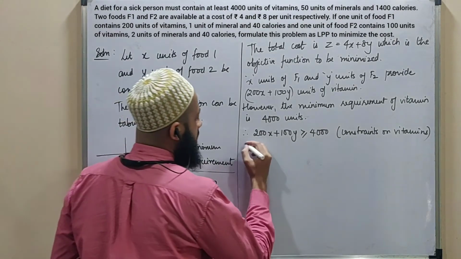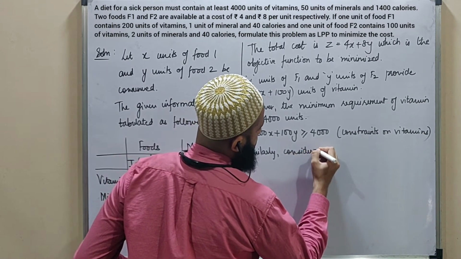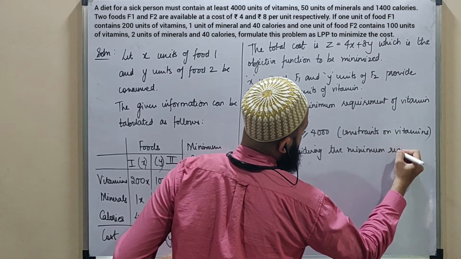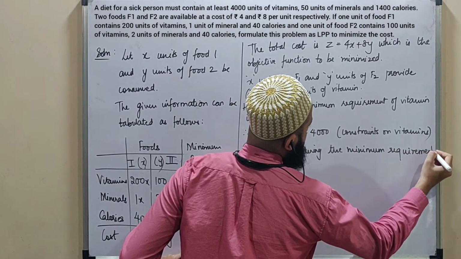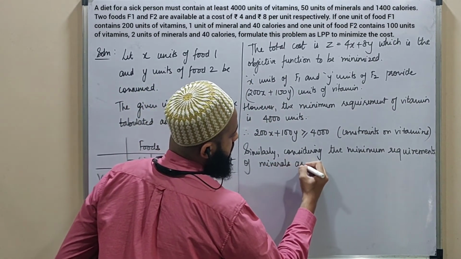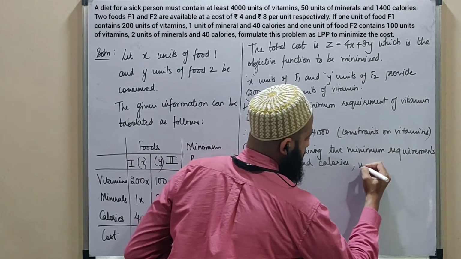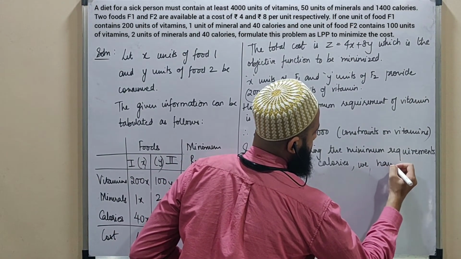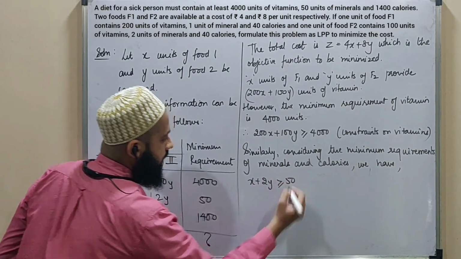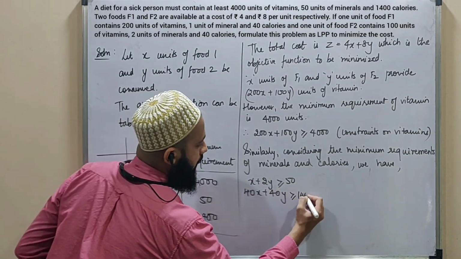So one common statement saying, similarly, considering the minimum requirement of minerals and calories, we have x plus 2y to be greater than equal to 50 and 40x plus 40y greater than equal to 1400.